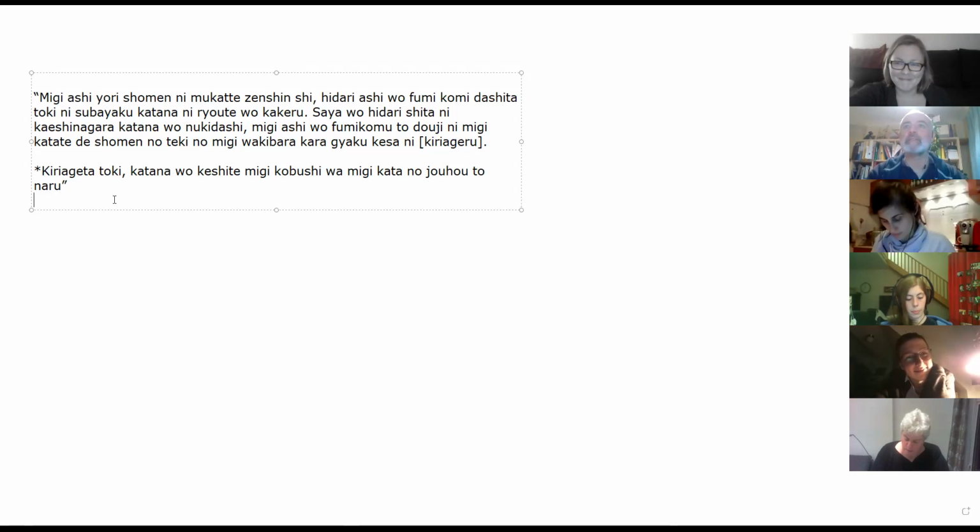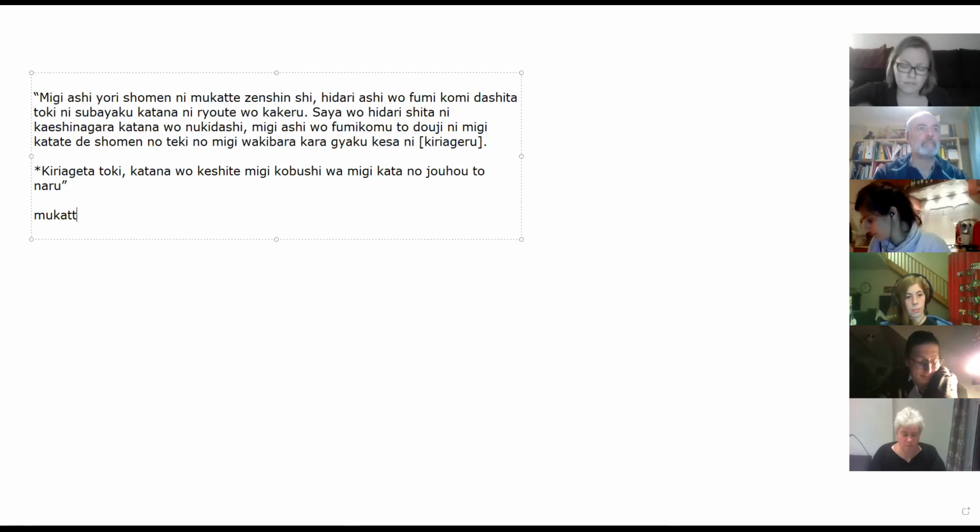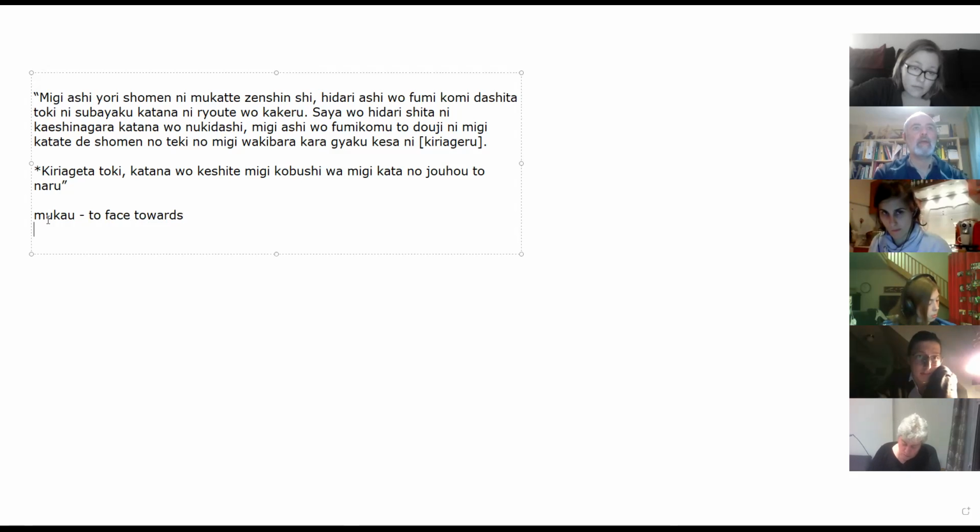Okay, so let's get started. So I'm going to first pick up these two words here because some of you may not know what this means. Mukatte. This comes from mukau, which means to face towards. And zenshin suru means to move forwards. I think everything else you should know in this.